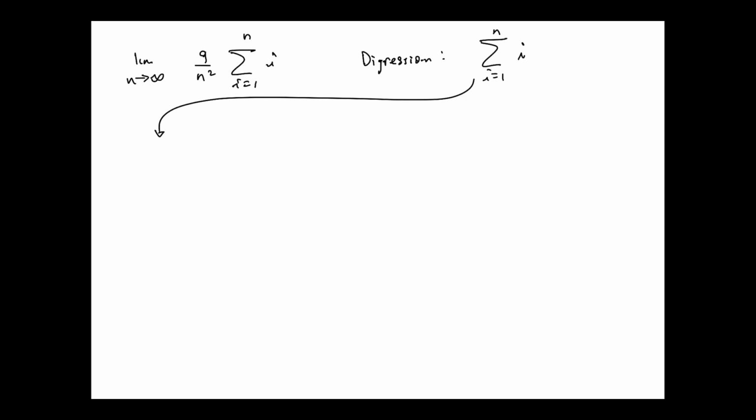Let me change the question for sake of demonstration. I would like you guys to compute 1 plus 2 plus 3 plus 4 plus dot dot dot plus 99 plus 100.